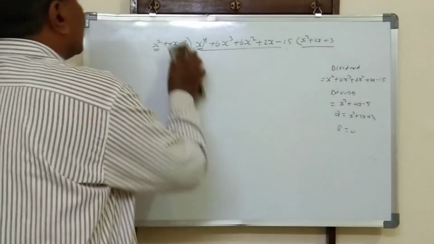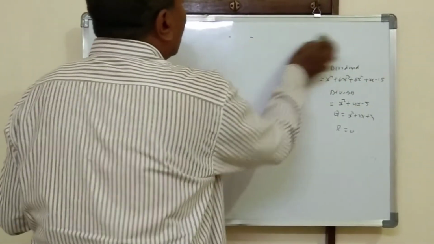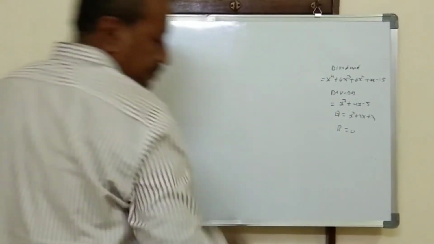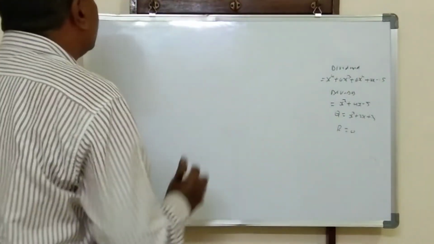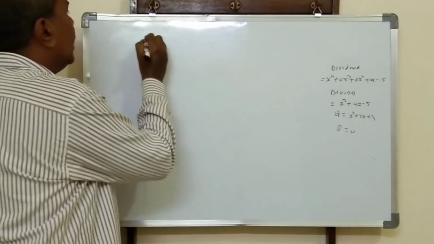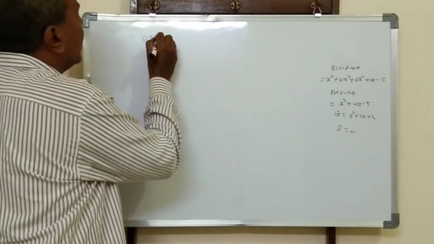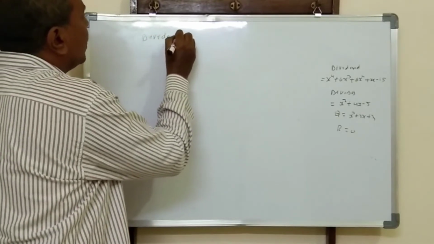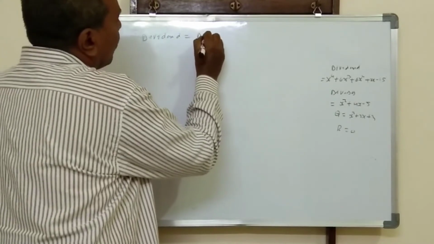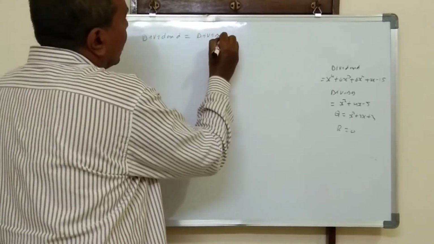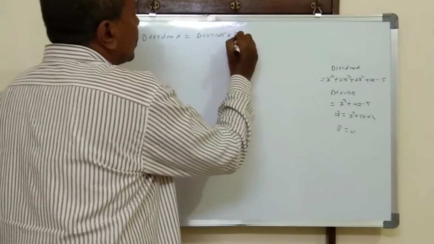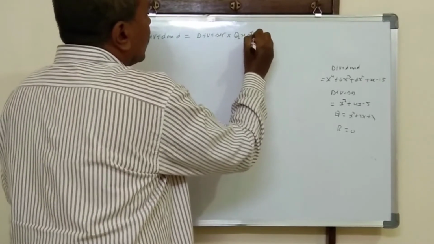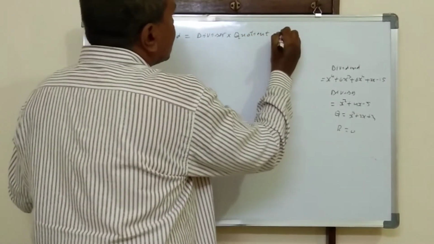So let's check by using the division rule. What is the rule? As you know, dividend is equal to divisor into quotient plus remainder.